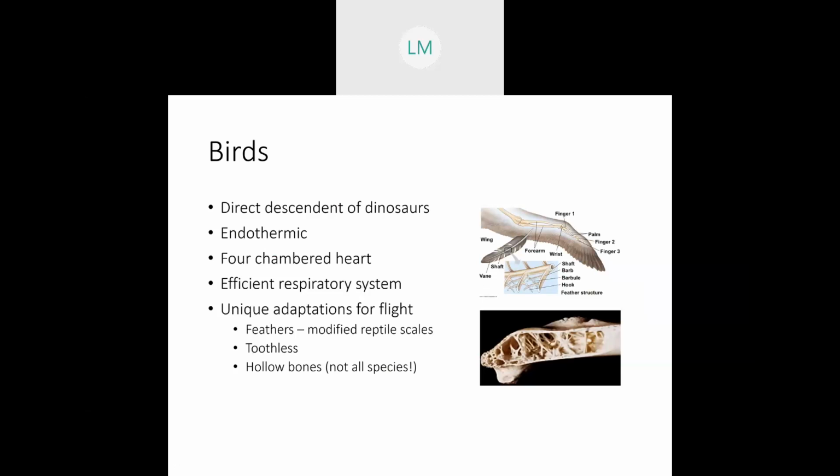You have to have an extremely efficient respiratory system in order to fly. It's very costly to fly. So they have this really unique respiratory system that separates the air that has oxygen, new air coming in, and oxygen and air that doesn't have oxygen that's going out. Right?